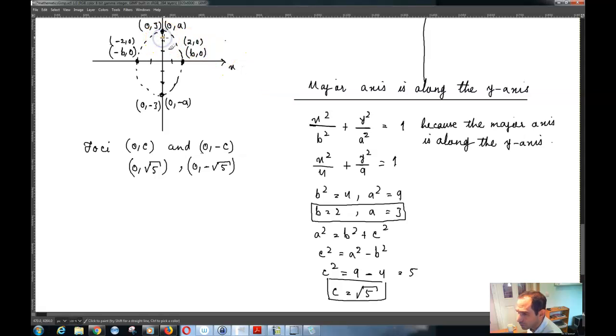Let's call this f1, and that is basically 0 comma square root of 5, and the other focus is at 0 comma negative square root of 5, which is somewhere over here. Let's call this f2, which is at 0 comma negative square root of 5.